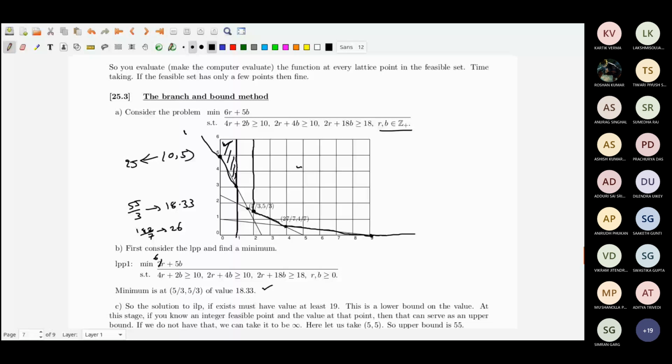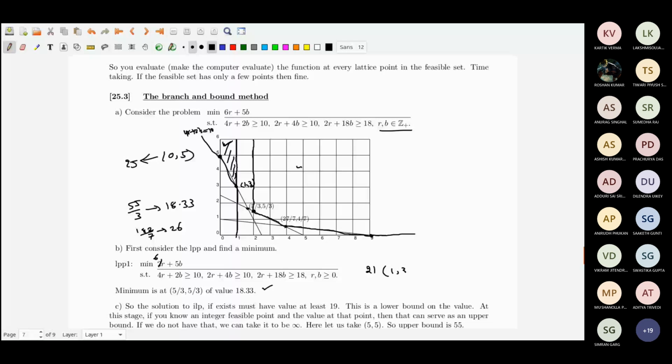Now if R is equal to 1, then B is equal to 3. So this point is 1, 3. What is the value of the function over here? Now 6R plus 5B, that would be 21. I got value 21. And at 0, 5 I already know that value is 25. So over this region, the minimum value is 21 attained at 1, 3.